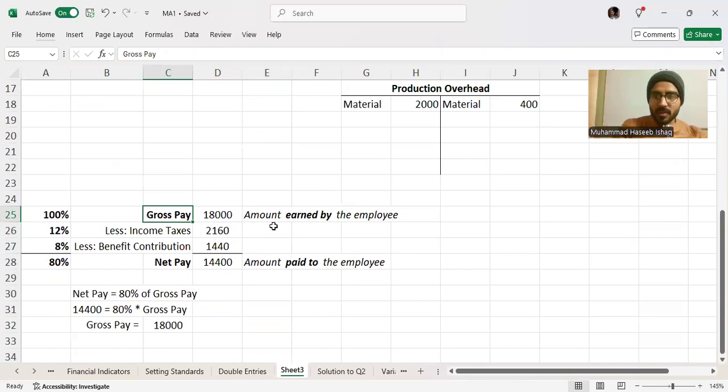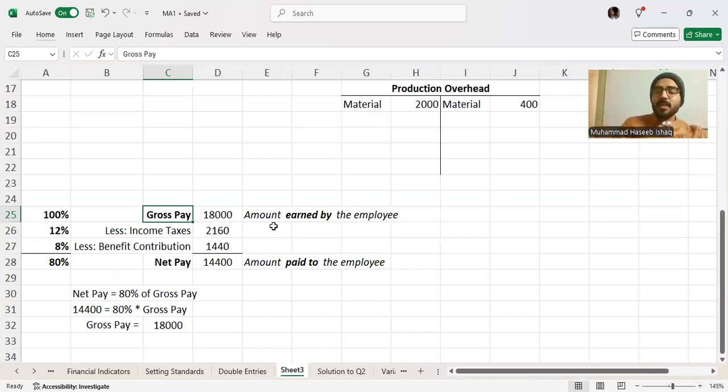Your employee earned 18,000. You separated that 18,000 and put it on a table, right? Then you deducted the income tax of your employee and put that amount on another table. Then you deducted the benefit contribution and put it on another table. The remaining amount you are going to pay to the employee.